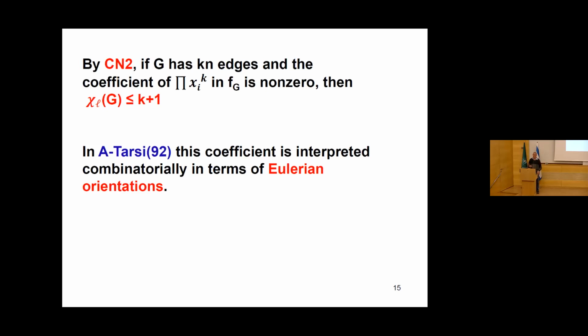And some long time ago with Nick Darcy, we interpreted this coefficient in the graph polynomial combinatorially in terms of Eulerian subgraphs in some orientation of the graph. So it is possible to do that.